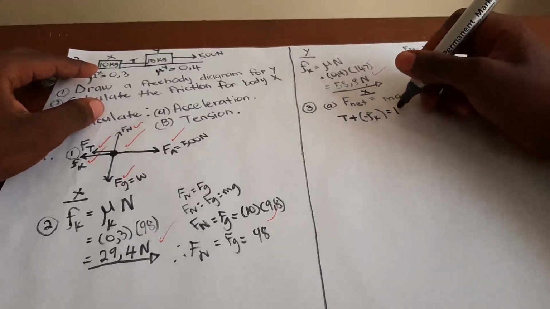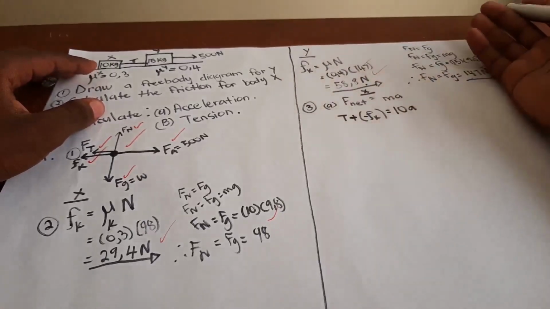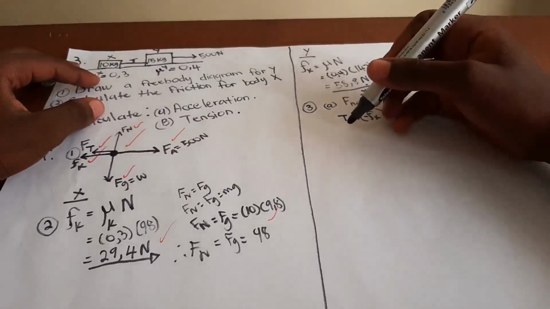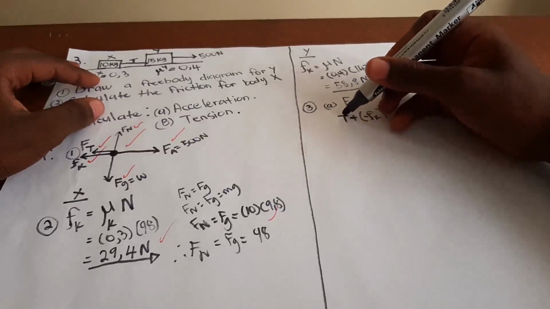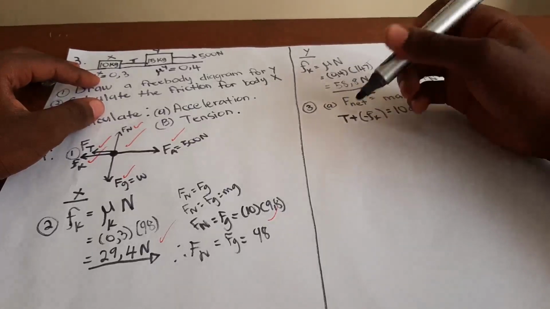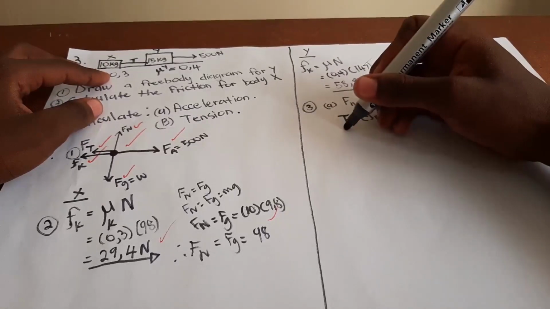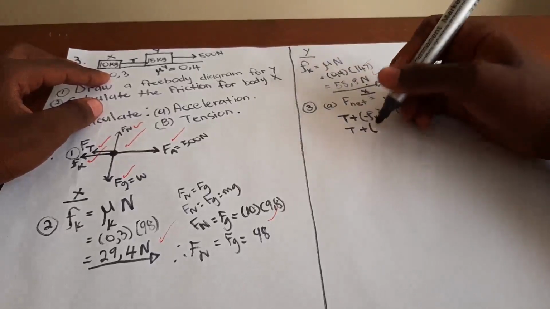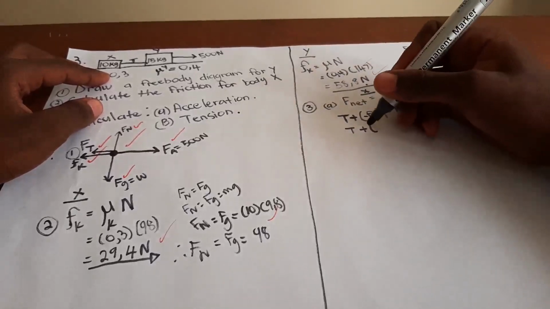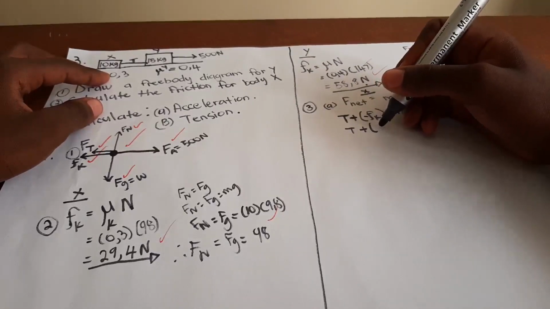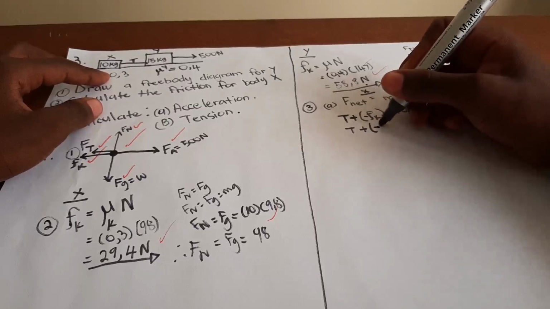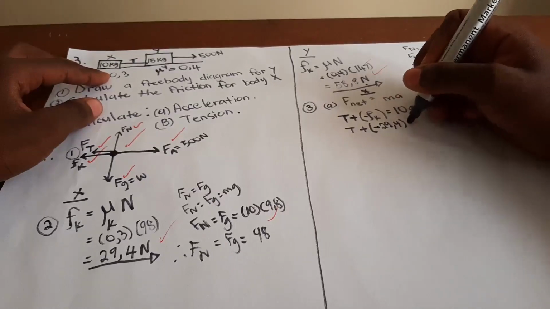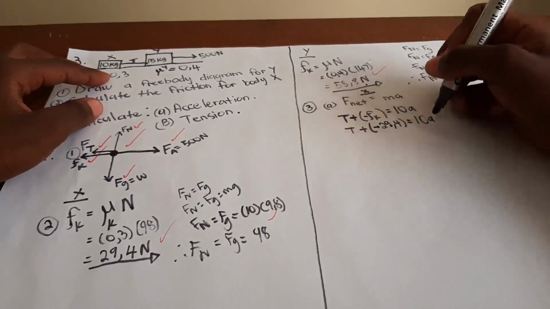The mass is 10, and we don't know the acceleration we're looking for. So our tension, which we don't know, minus 29,4 is equal to 10A.